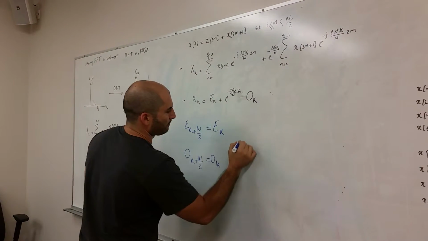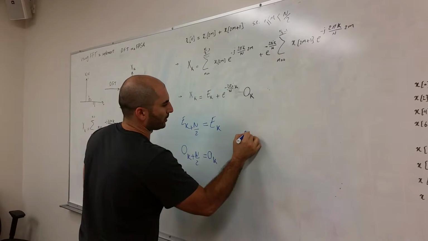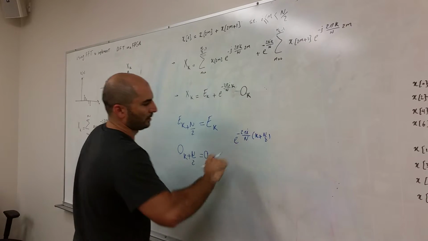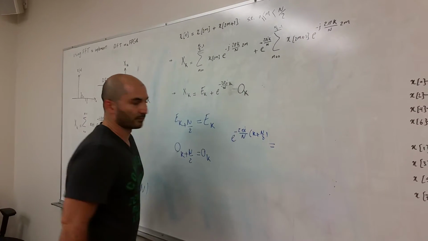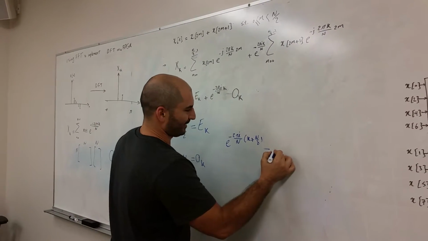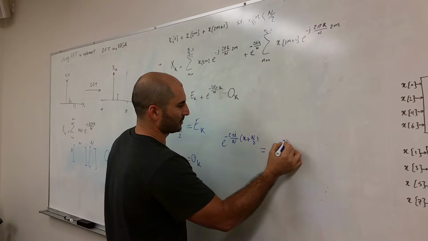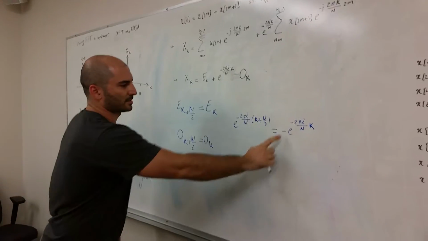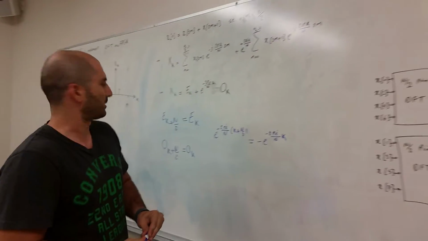Also for this guy, e to the minus 2 pi i n (k + N/2), it's basic math. You probably had it in your first grade. It's minus e to the minus 2 pi i n k. Just a sign will change.